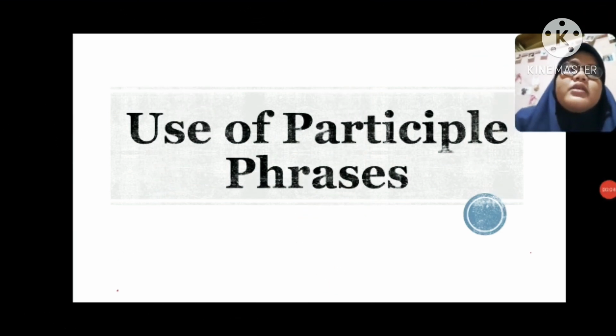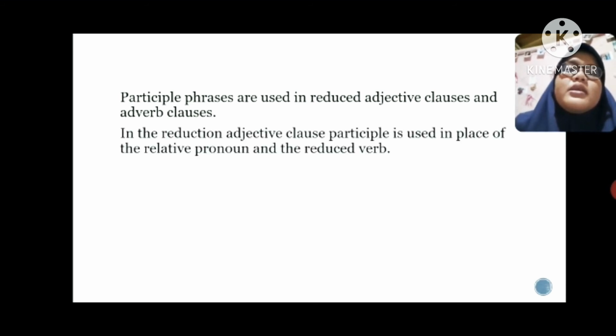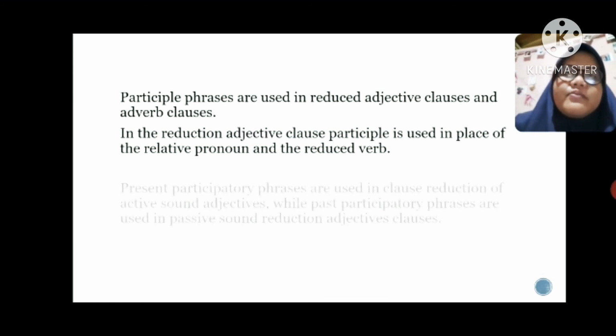I will explain about the use of participle phrases and the placement of participle phrases in a sentence. Participle phrases are used in reduced adjective clauses and adverb clauses. In a reduced adjective clause, the participle is used in place of the relative pronoun and the verb.